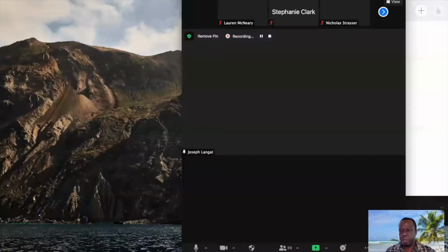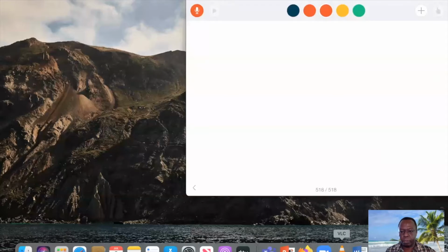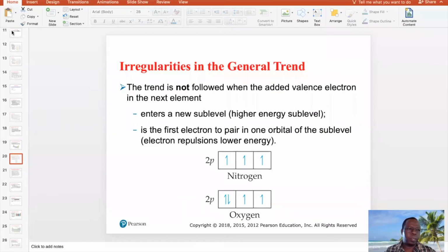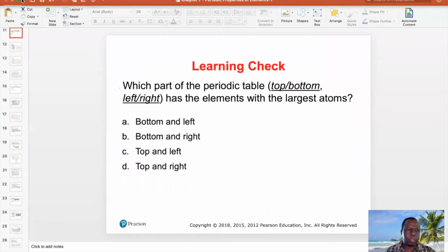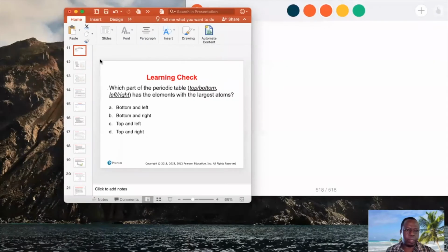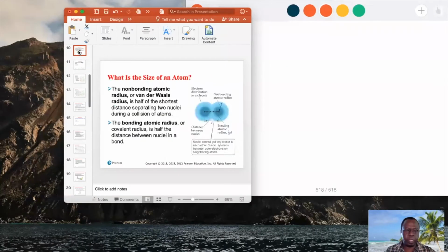So today I want to get started with chapter 7, periodic trends, periodic properties of elements on the periodic table. So today we will start a new chapter, chapter 7.